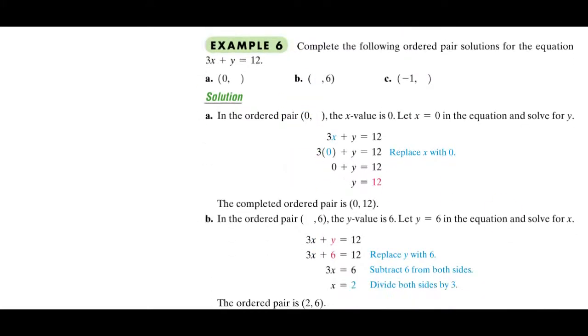All right, now we're starting to get into the mechanics of all this. And we're looking at example 6. Here we have our equation, 3x plus y equals 12.